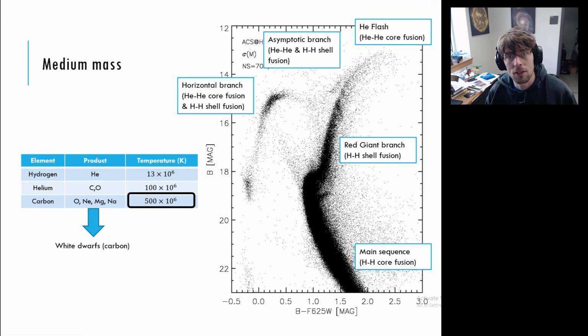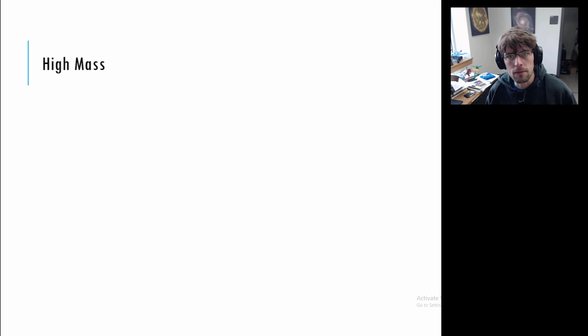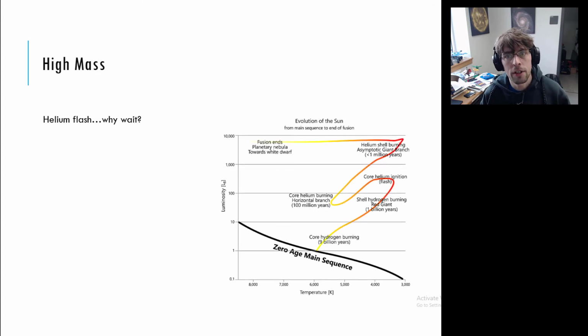Well, how about high mass stars? And here is the best thing. Second best thing. So the first thing is helium flash. Why wait? In the medium mass stars, there is a period where the hydrogen shell fusion has to add additional helium to the core in order to get the helium core fusion to start.